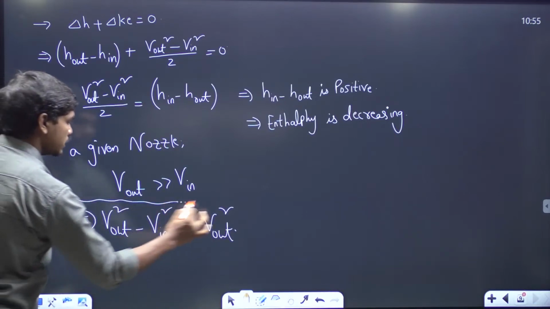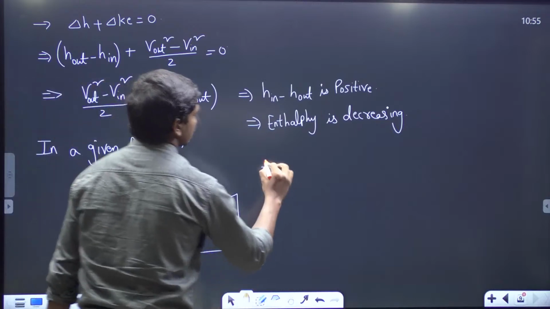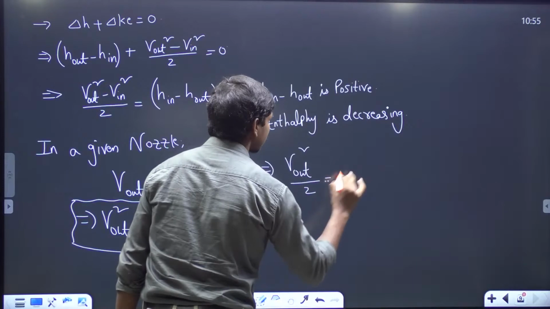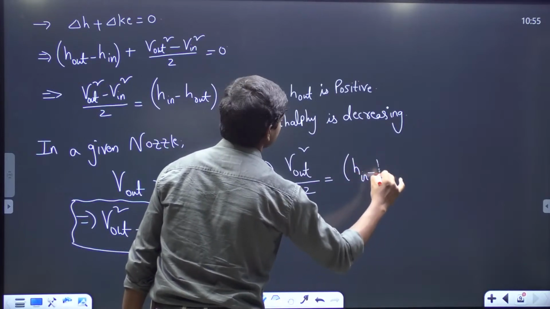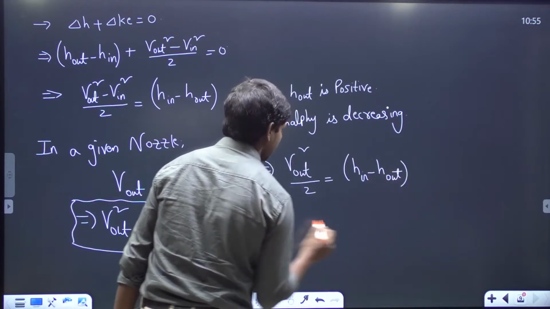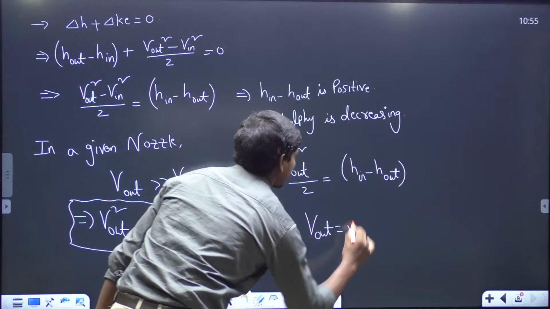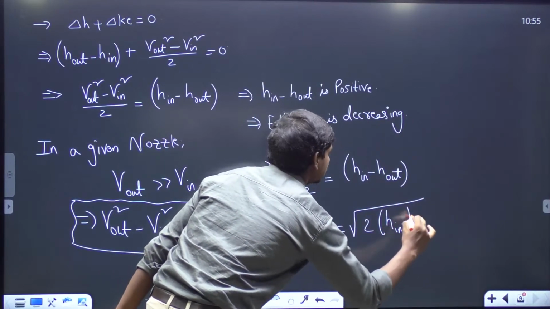Let us try to put it in this equation. So V out square by 2 is equal to H in minus H out. So V out is equal to square root of 2 into (H inlet minus H outlet).